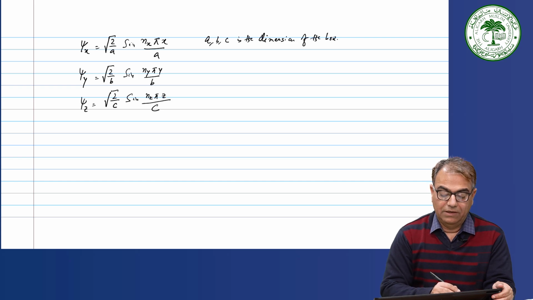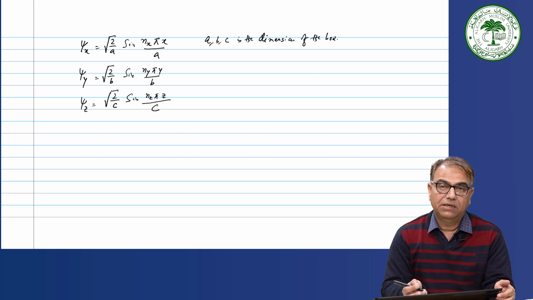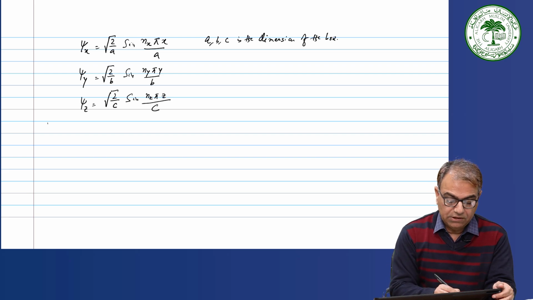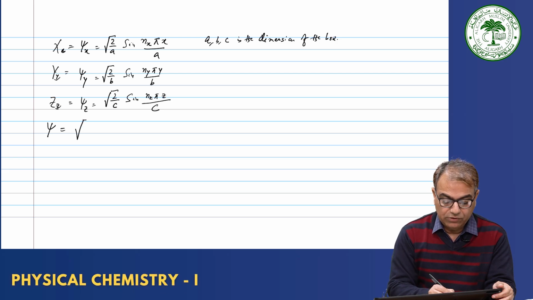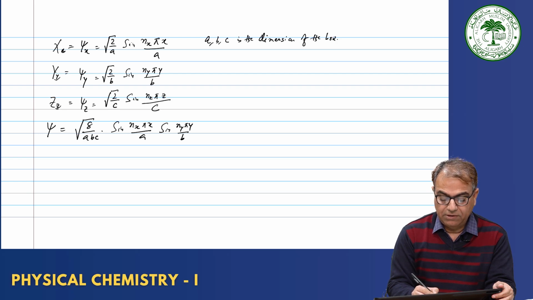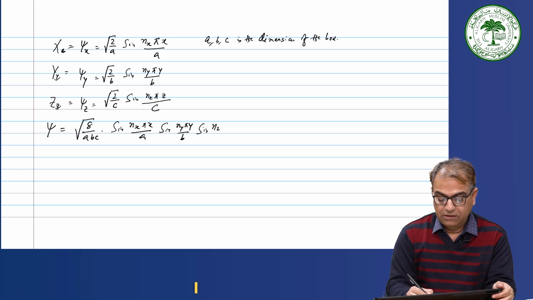Okay. So the total wave function also you can write as a product of these individual wave functions. So the total wave function will be this we have written as X, Y and Z. Okay. So if the product you can write as root under 8 divided by abc into sine nx pi x divided by a sine ny pi y divided by b sine nz pi z divided by c.